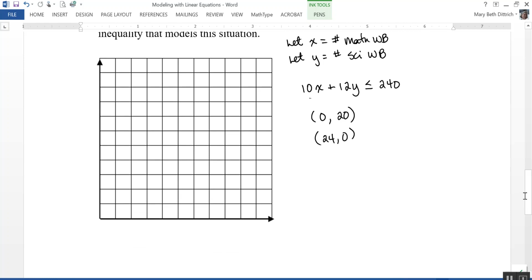Again, let's go ahead and label our axes. So I chose x to be the number of math workbooks, so I'm going to put that down here. And I chose y to be the number of science workbooks. And I need to go up to 20 on my y-axis and 24 on my x-axis, so I think I'm going to count this by 3s.